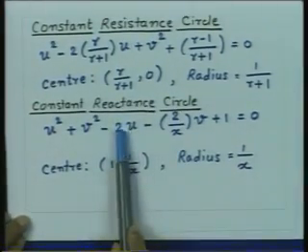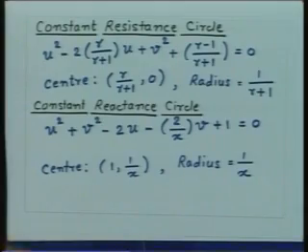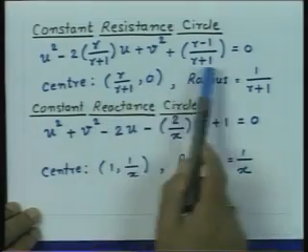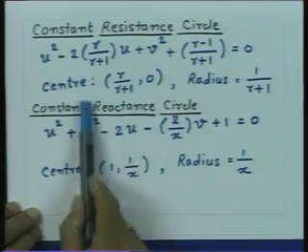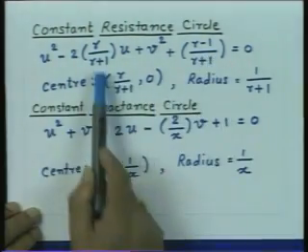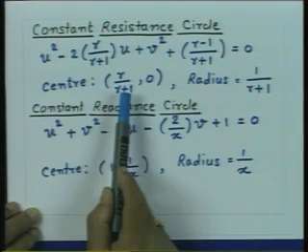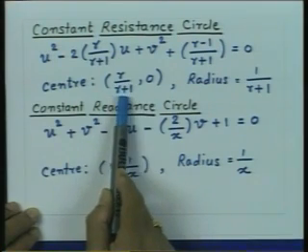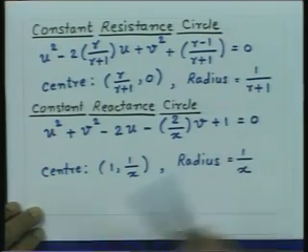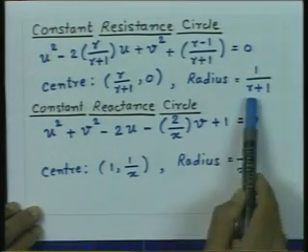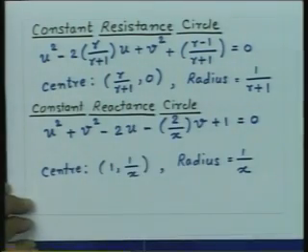Once we realize that, one would like to see graphically how these circles would look on the complex gamma plane. So, to draw the circles, we can get the center and the radius of the circles. For a constant resistance circle, the center is r divided by r plus 1 comma 0. That means the centers of all these constant resistance circles lie on the real gamma axis, the u axis, and the radius of this circle is equal to 1 upon r plus 1, where r will vary from 0 to infinity.